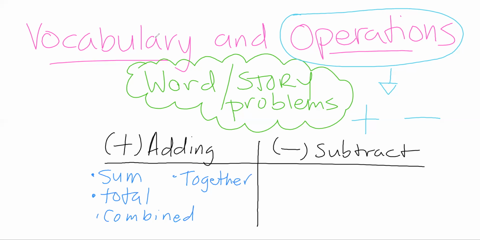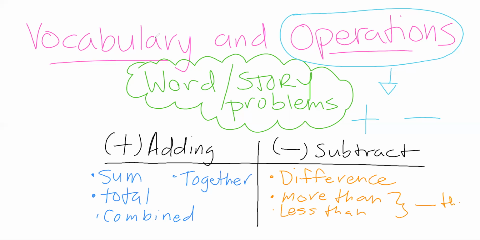With subtraction, that first key one is difference. We say that a lot. Difference is the answer to a subtraction problem. And then we also have this tricky one. A lot of the time it's more than, or maybe even less than, but less than helps a little bit. It's almost like this idea of something that comes across as blank than.